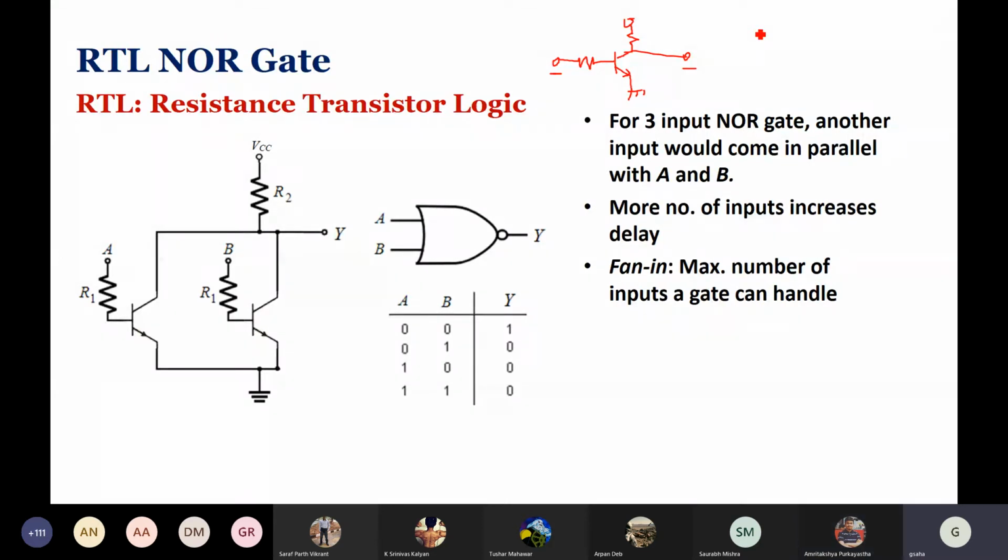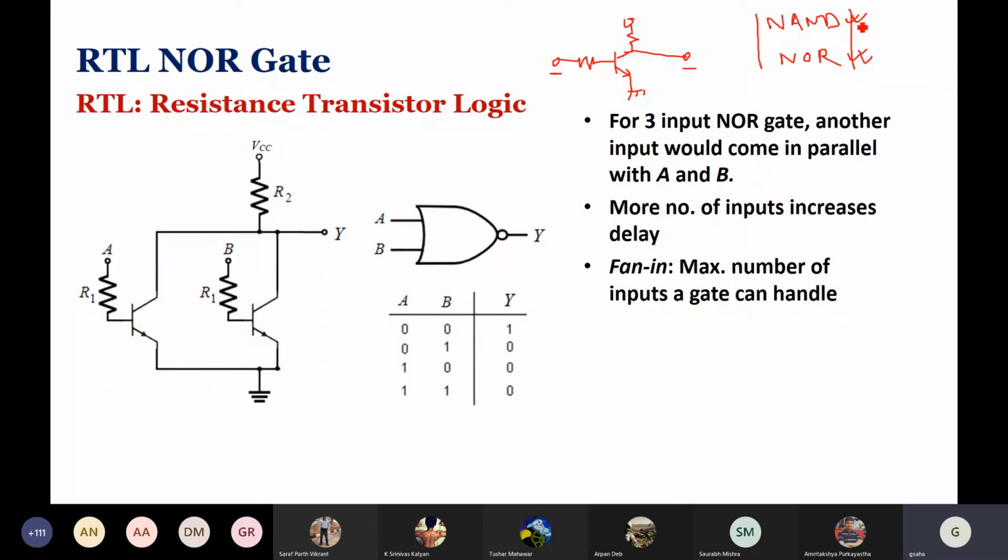We shall look into that in a little more detail with some examples in the future. For now it is enough to consider that NAND and NOR are universal logic gates, because other logic gates can be made up of them. That may not be a very efficient design, and we shall see those things later on. But if we can get NAND and NOR, we can get others also. That is what is important at this point of time.